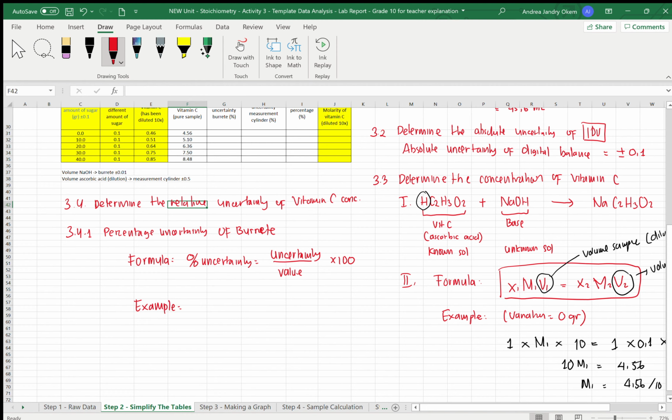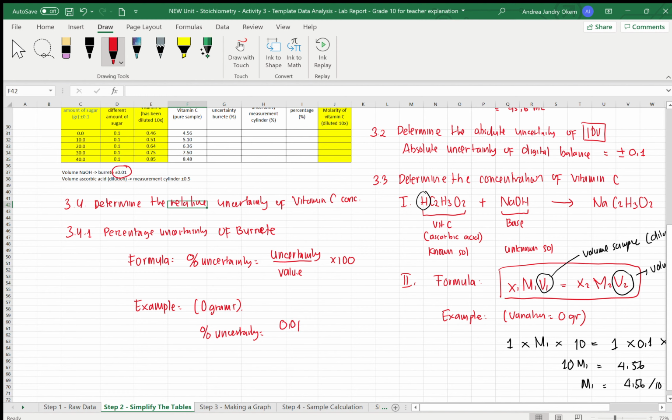If we want to mention the sample, it means we need to know which variation we are going to focus on. For example, because we have 5 variations, I will put the 0 grams variation. After that, we can directly calculate the percentage uncertainty of the burette. The first thing we need to know is the uncertainty of the burette, which is 0.01.